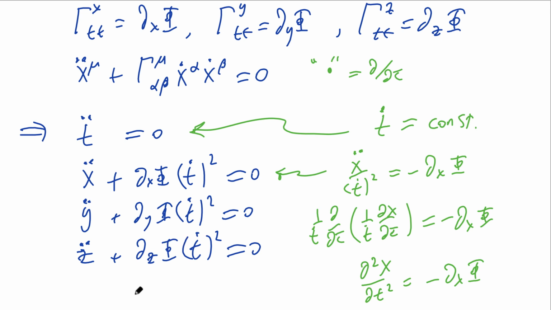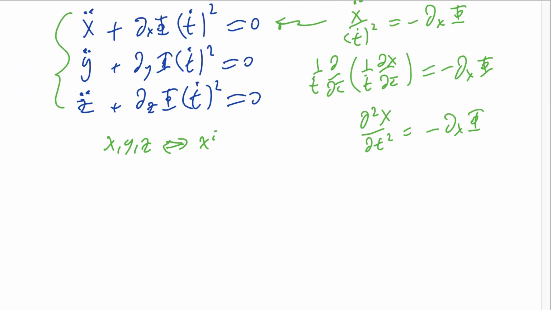So this should look familiar by now. If we denote x, y, and z by xi, then these equations become second derivative of the Cartesian coordinates xi with respect to t squared equals minus partial i of the Newtonian potential phi.